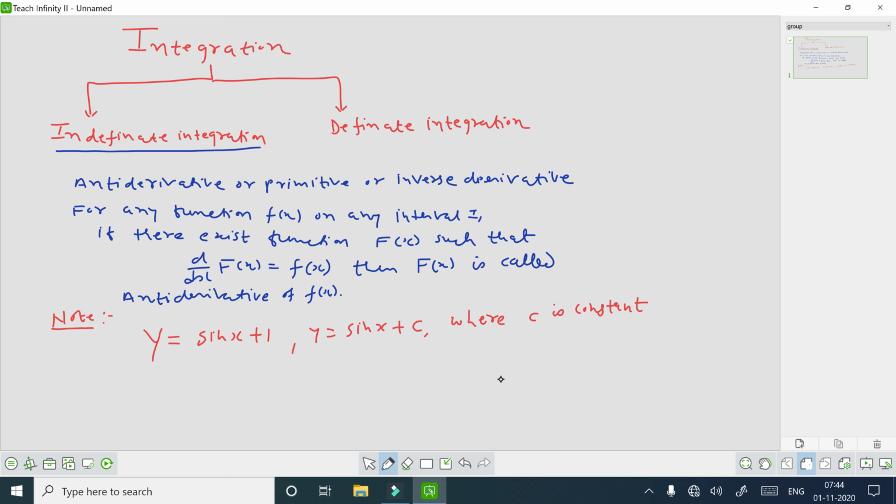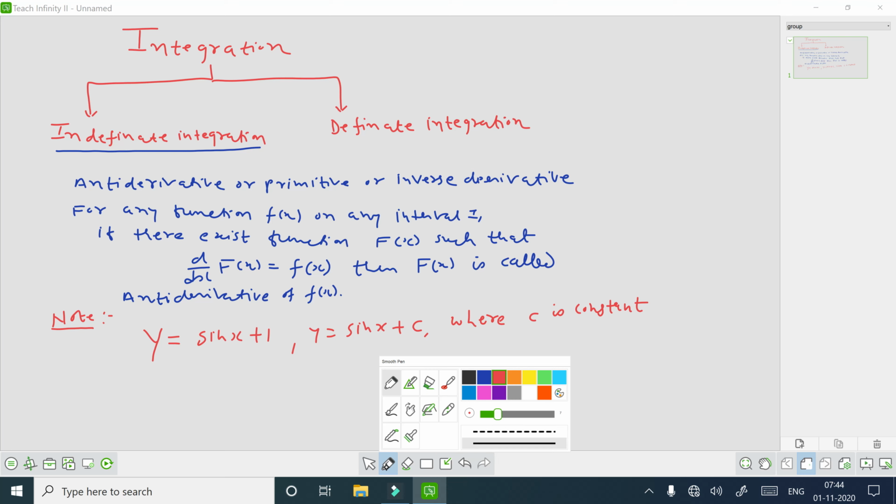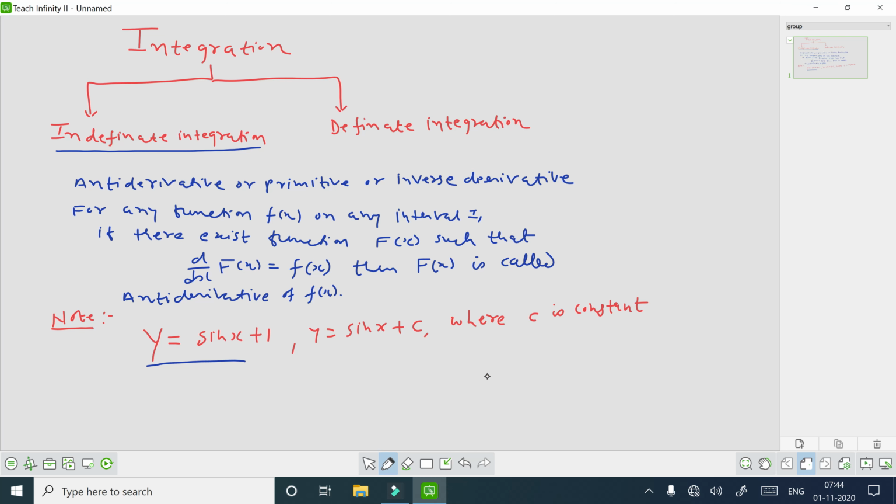Now see, what is the difference between this one and this one? Here one is a fixed constant, here c is an arbitrary constant. So let us differentiate both functions with respect to x. dy by dx: the derivative of sin x is cos x and the derivative of 1 is 0. In the same way here, the derivative of the constant term is 0 and the derivative of sin x is cos x.